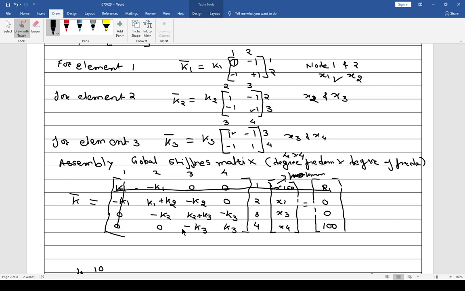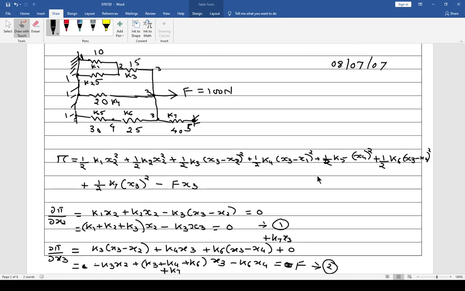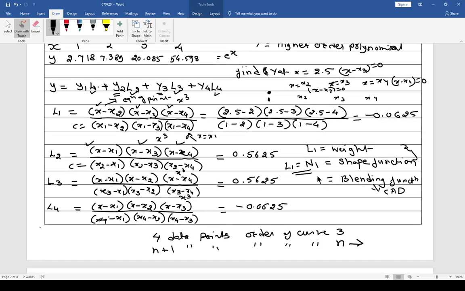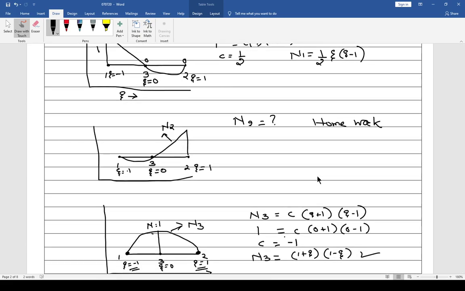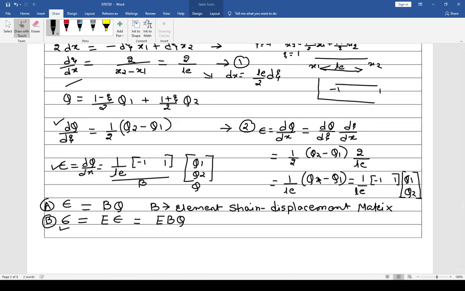So we were at this location. By the assembly procedure, this is what we have eliminated. So this is the elimination approach. When any displacement is known, that particular row and column we are going to eliminate. This we went through last time.